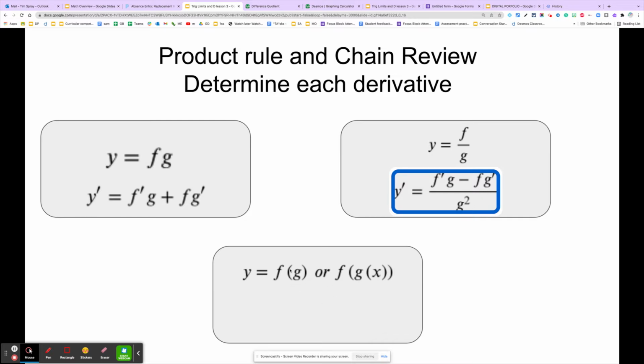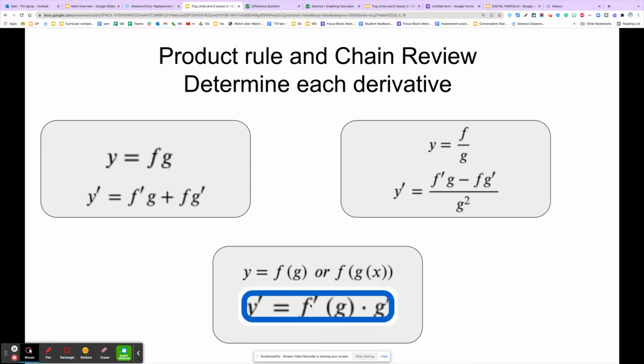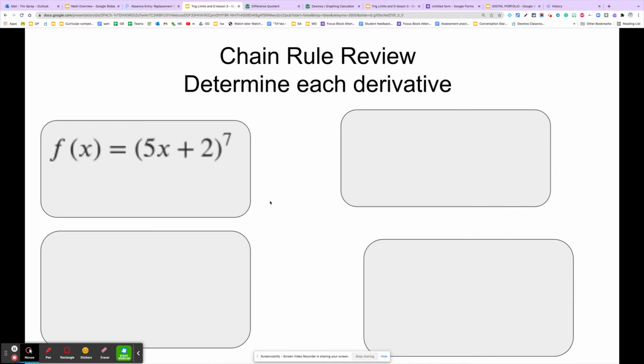So if this is f of g of x, that would leave us with f prime of g times g prime. Okay, so let's just look at that before we get into the trig stuff. If we asked you to find the derivative of that, you know that the 7 comes down to the power 6, and then we multiply it by the 5.